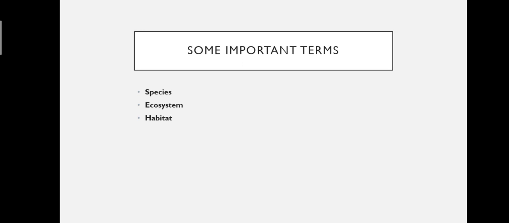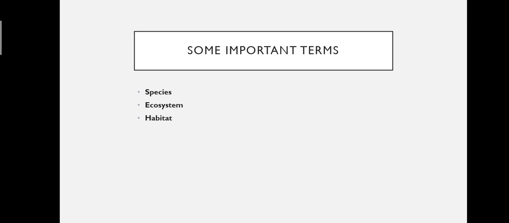Then next is ecosystem. What is ecosystem? An ecosystem is made up of plants, animals, microorganisms in an area, along with non-living components such as climate, soil, water, etc. There are two components, biotic and abiotic.